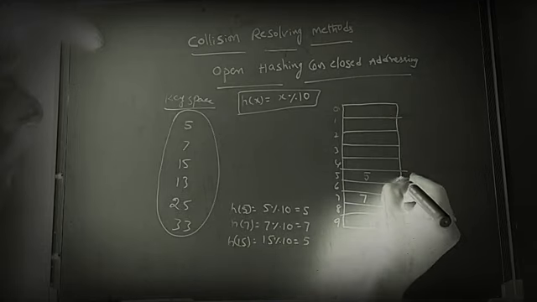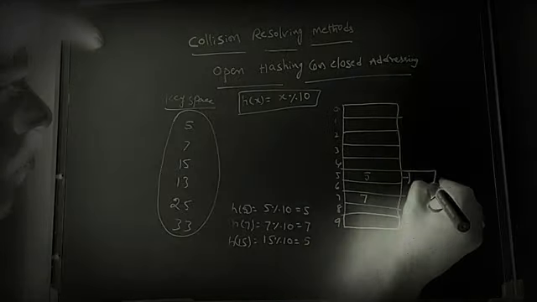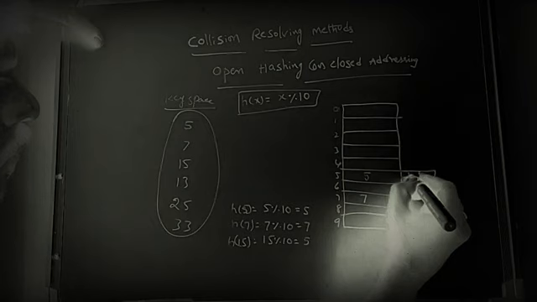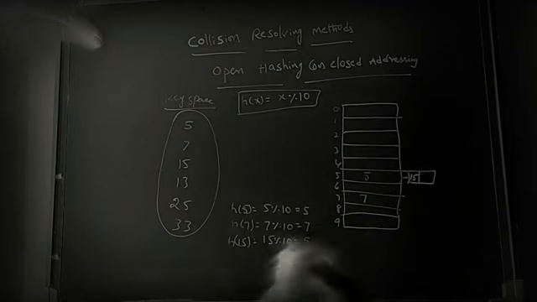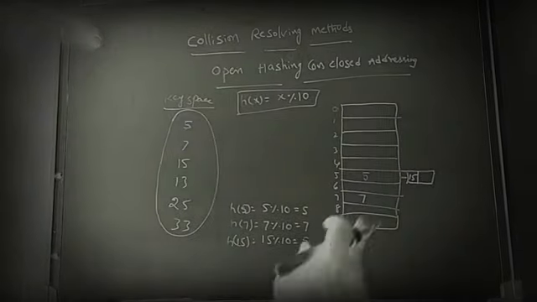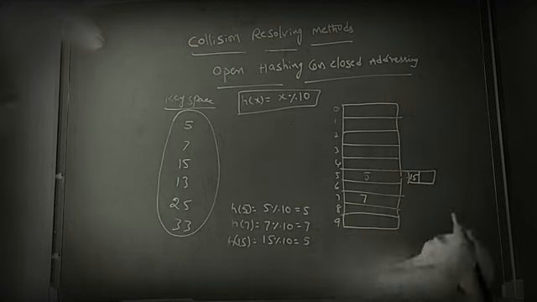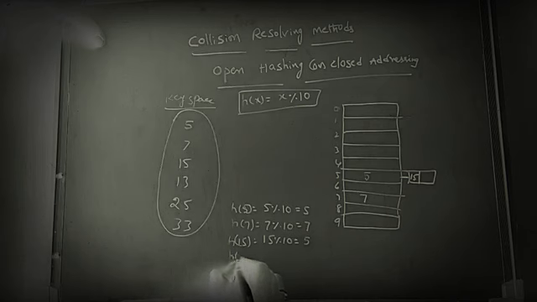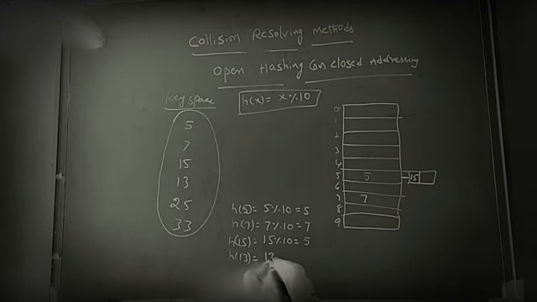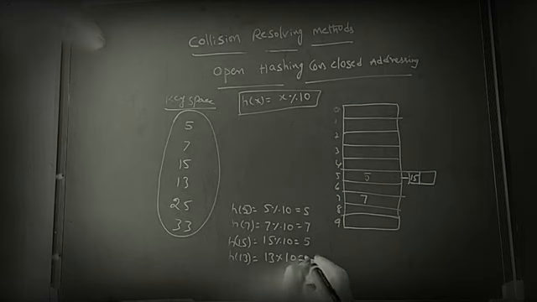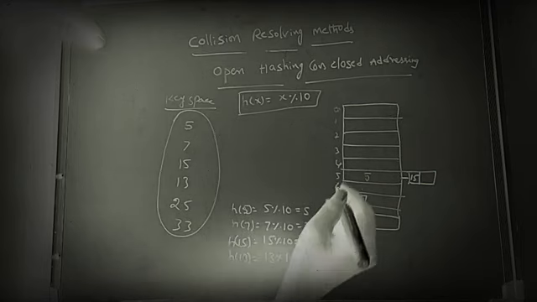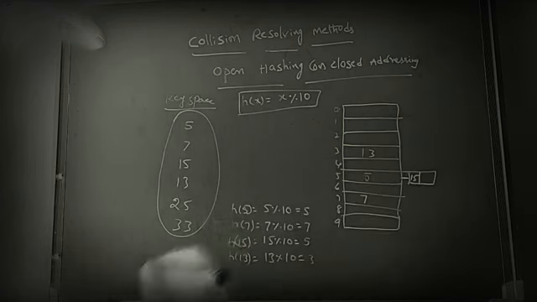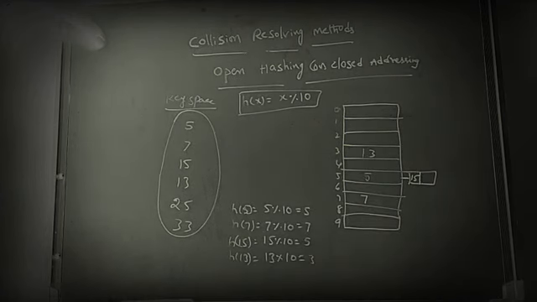To overcome it, you can add element 15 to a linked list. Next element is 13 mod 10, the remainder is 3, so 13 is stored at index 3.